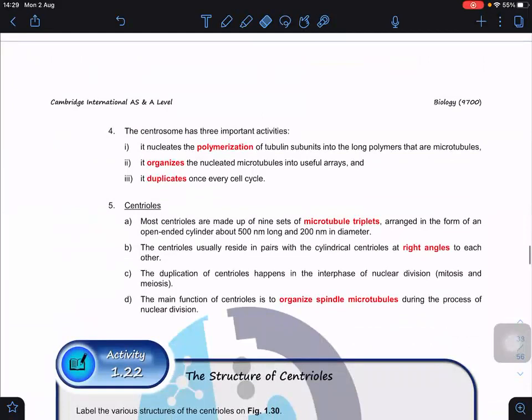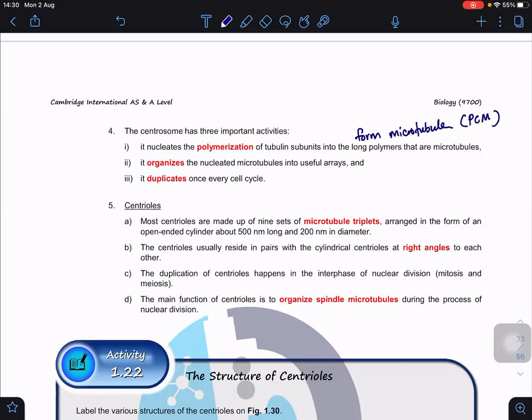The centrosome has important activities. They nucleate the polymerization of tubulin subunits into the long polymers that are microtubules. In other words, the centrosome forms microtubules. Who helps them form these microtubules? The pericentriolar material, PCM, is the one that helps to polymerize them.